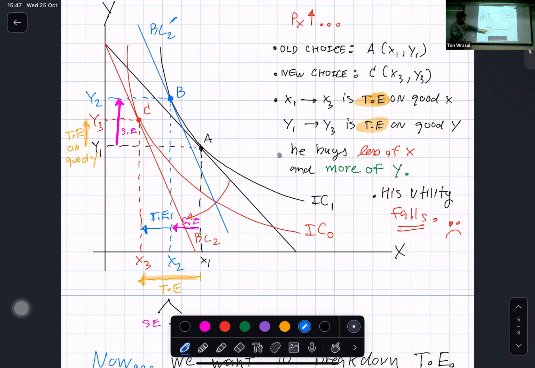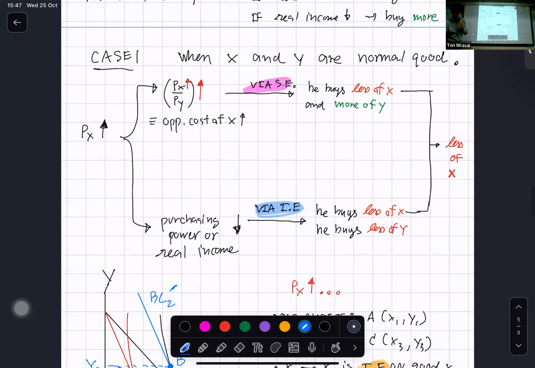Sum SE and IE, we get this total effect, the orange color here. No doubt. Check with the diagram. Yes. SE buy less of X, IE buy less of X.